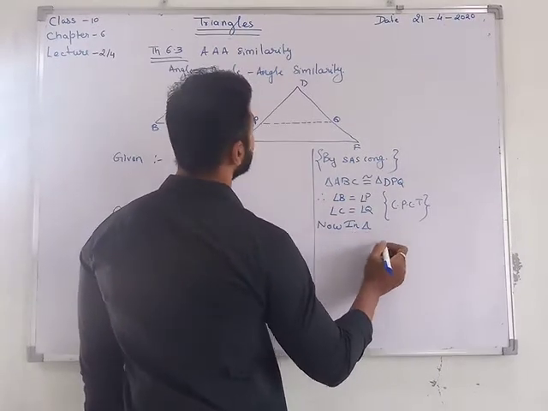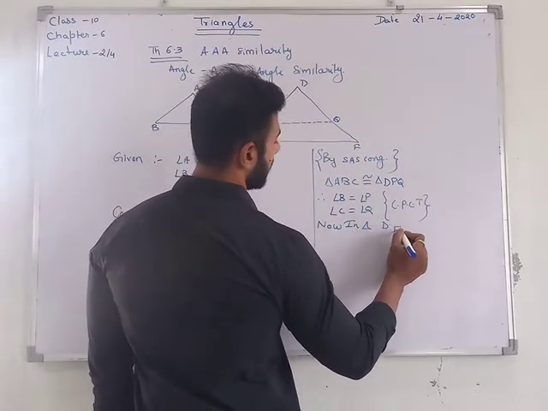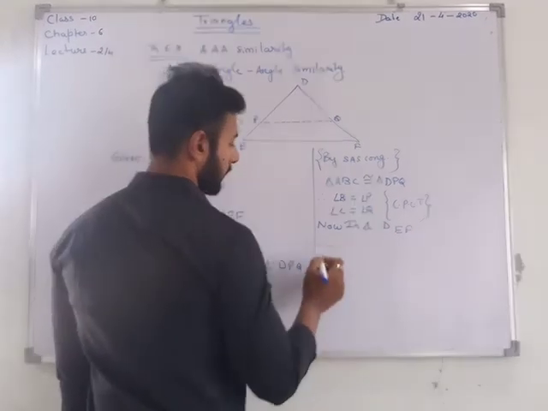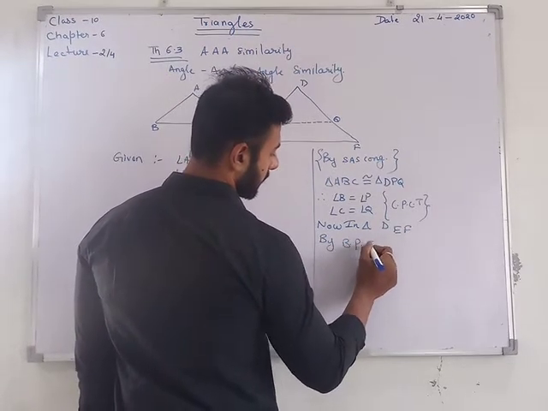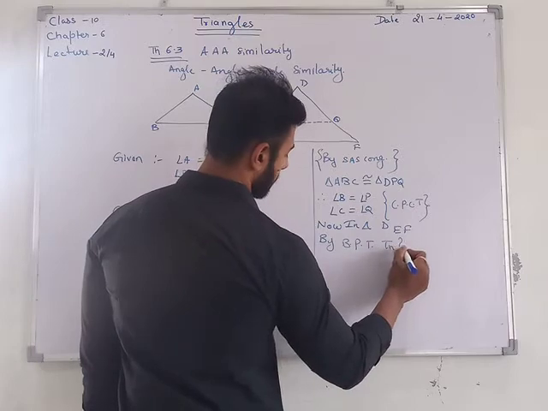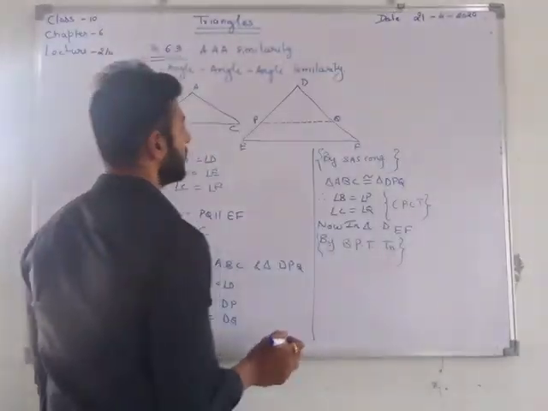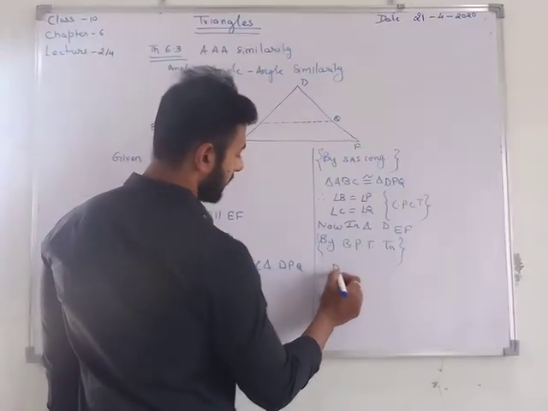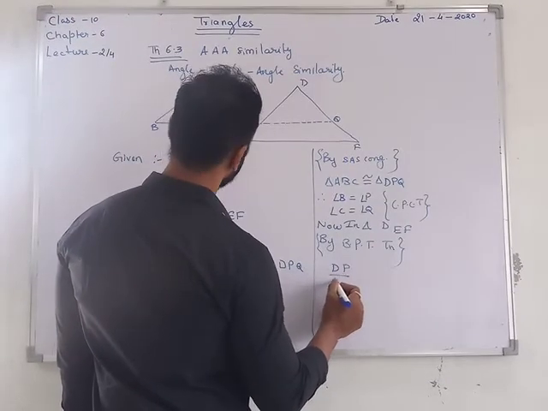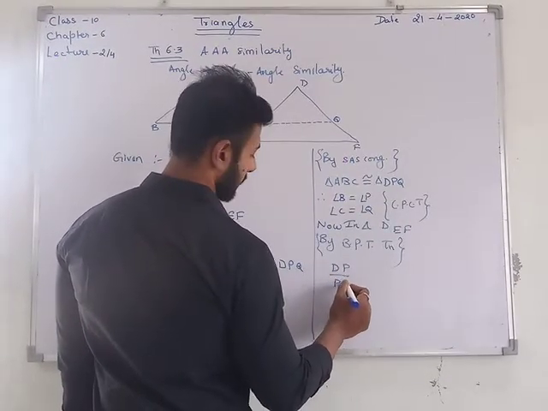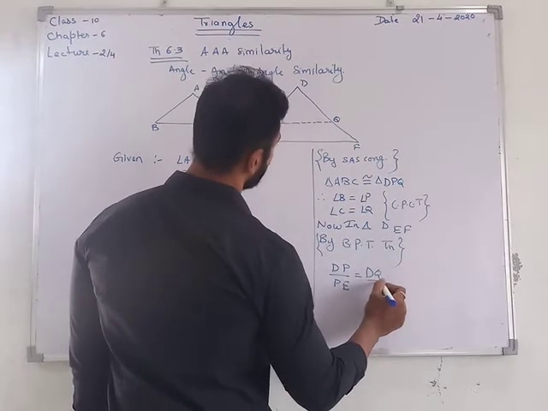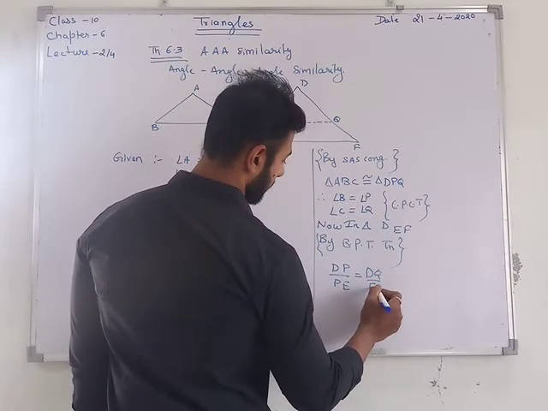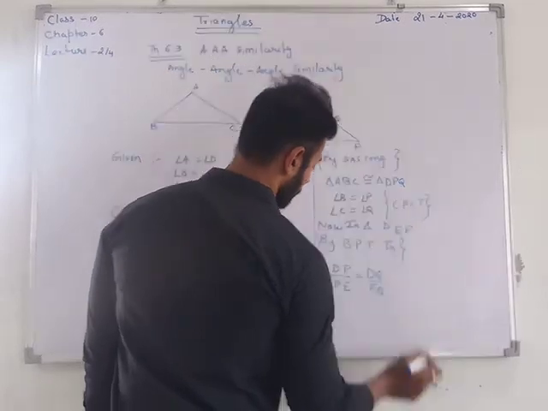In triangle DEF, by BPT theorem, we can say that DP upon PE is equal to DQ upon FQ.